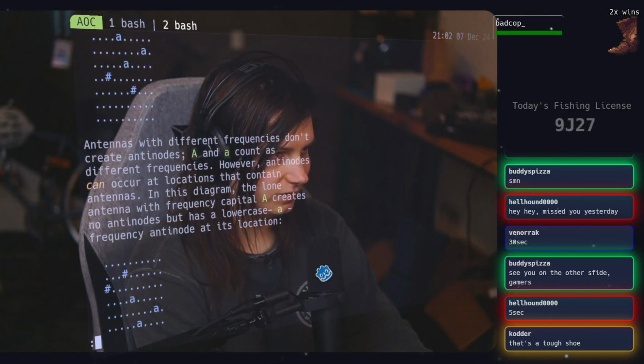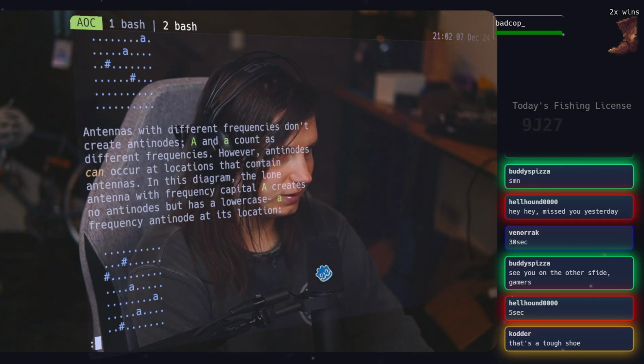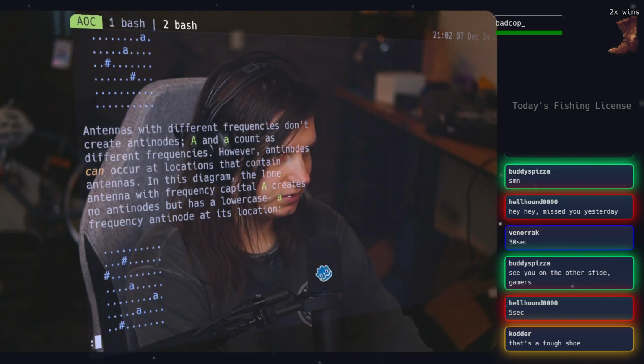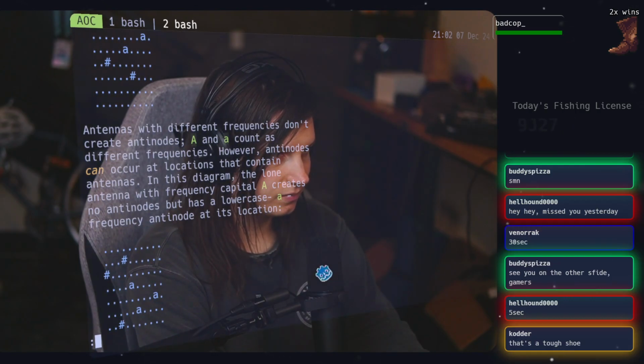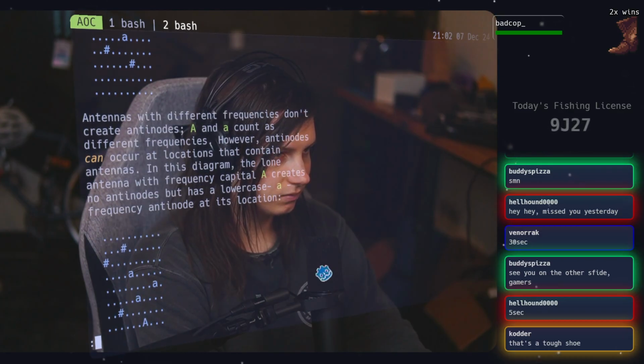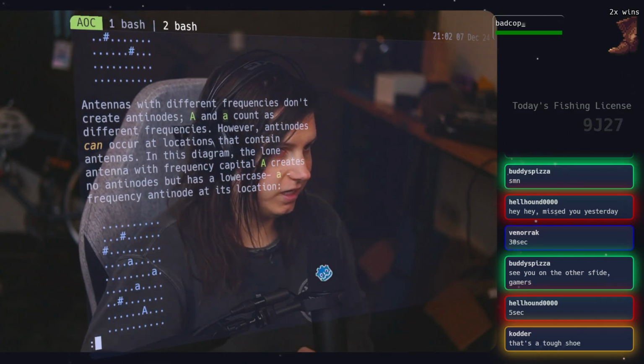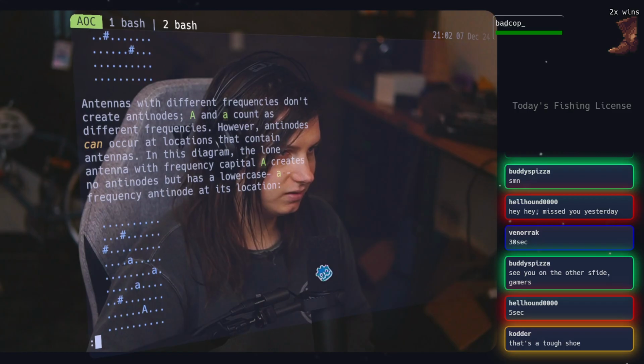Well, antennas with different frequencies don't create antinodes. Antinodes can occur at locations that contain antennas.